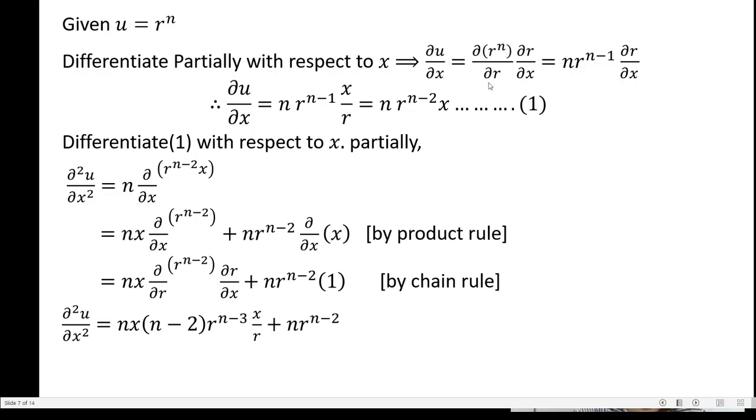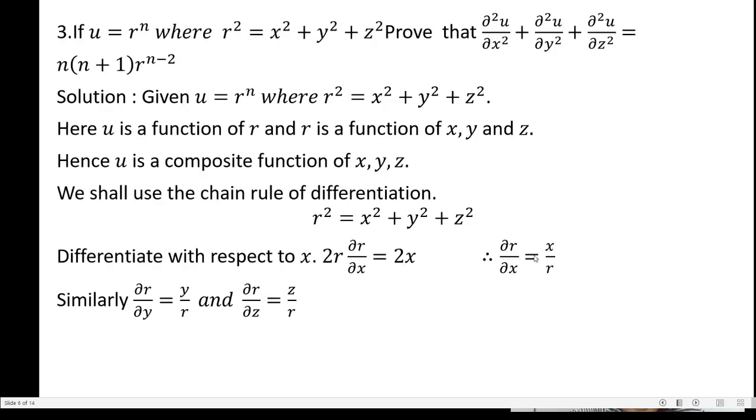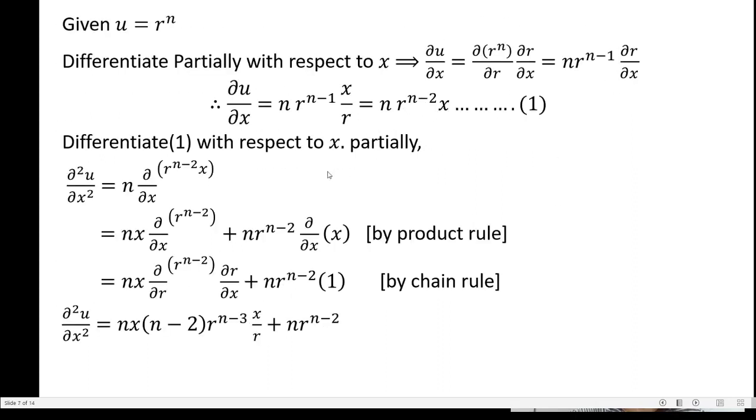Del r to the power of n divided by del r into del r by del x. Right? That is equal to n into r to the power of n minus 1 into del r by del x. Del r by del x is x by r. So this is shift to numerator. What we have n into r to the power of n minus 2 into x.